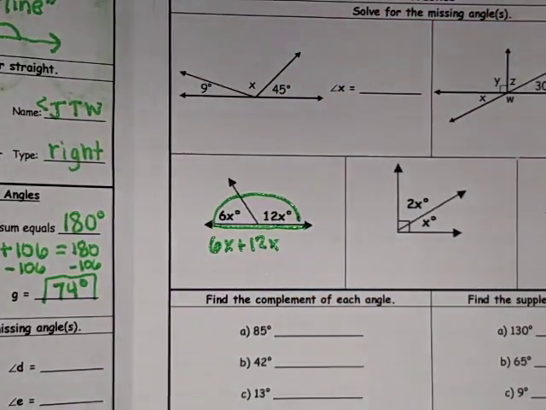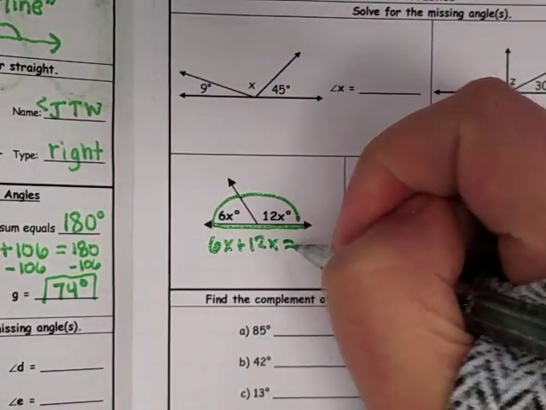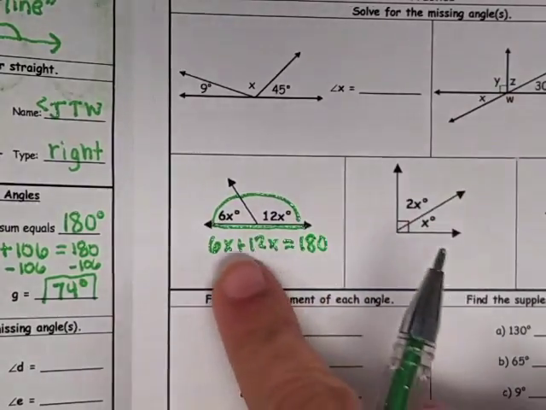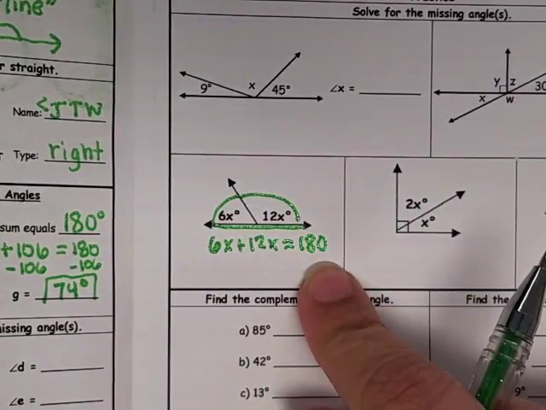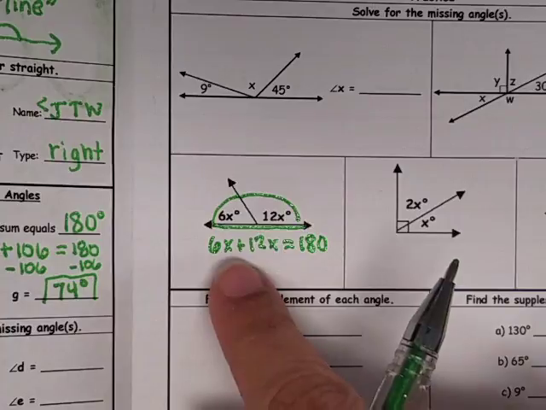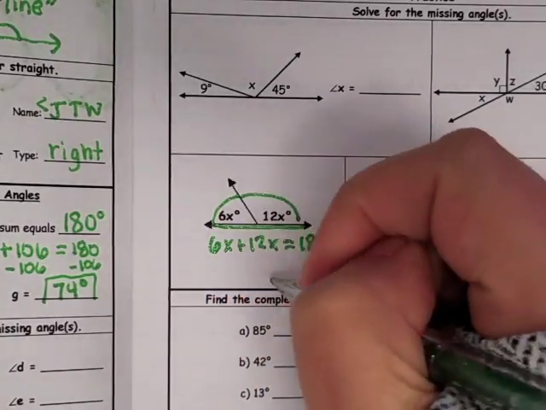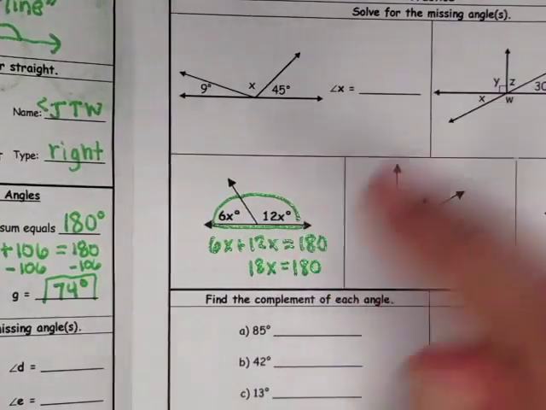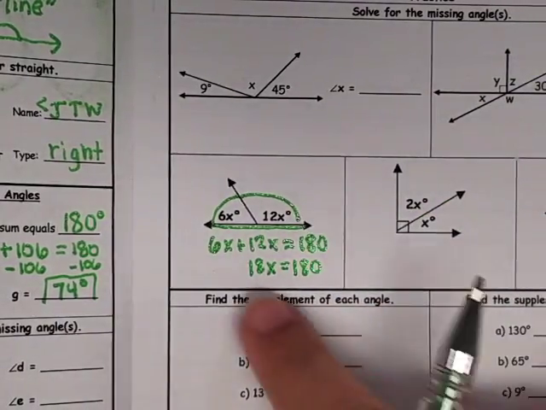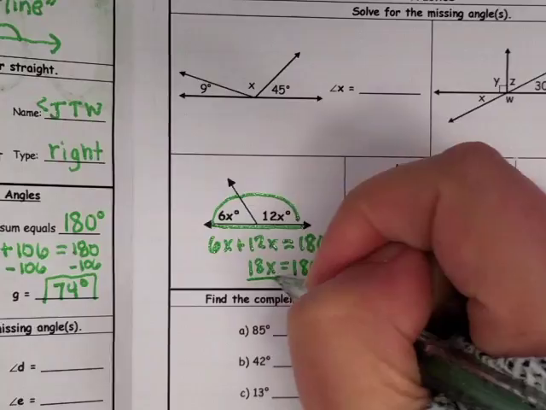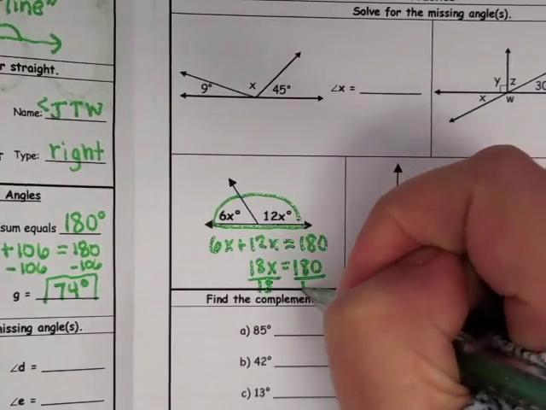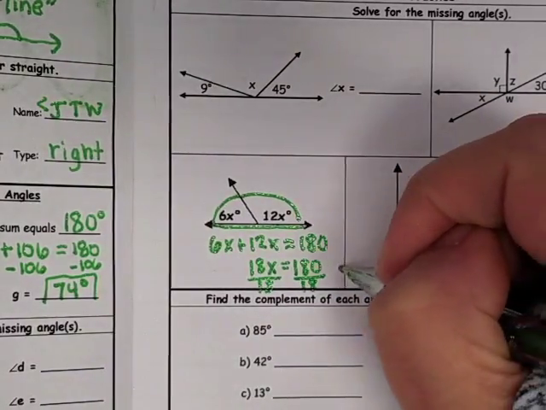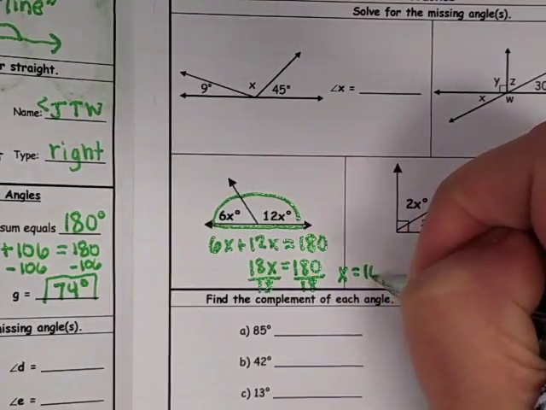And what is a line's degrees? 180. So they're supplementary. And then boom, that's a nice equation that we know how to solve. Combine like terms. 6x plus 12x is 18x. 18x equals 180. Divide by 18. And 180 divided by 18 is 10.